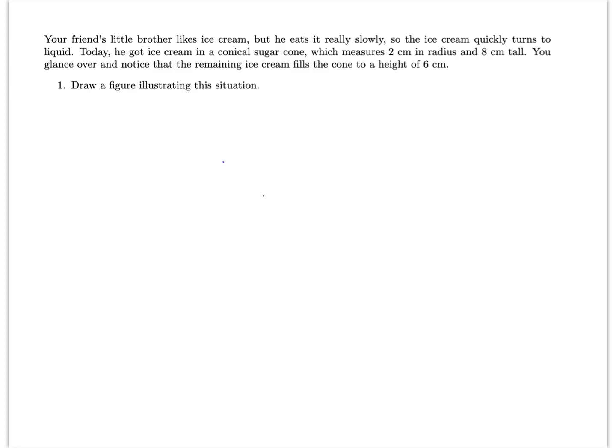So let's see, we have a cone, and it has a height of 8 centimeters. And the radius of the cone is 2 centimeters.